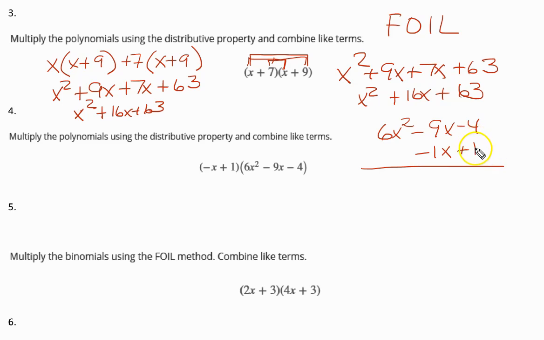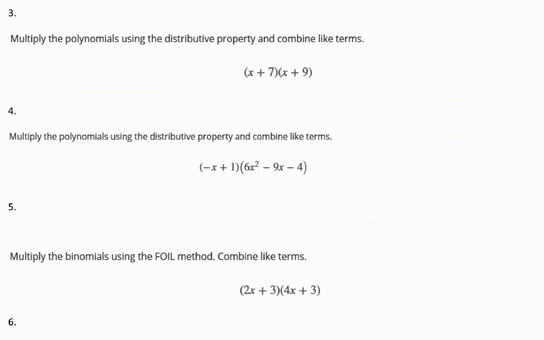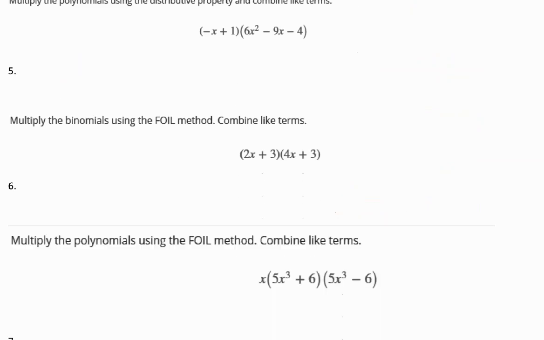Basically you're going to go 1 times this row, which just repeats that row, and then negative 1x by each, putting your like terms in their proper column, and let's see what you get. Take a moment, check your signs, and this is the outcome.